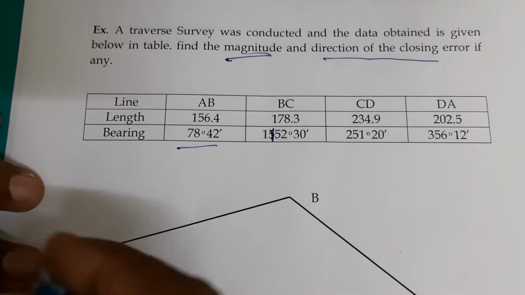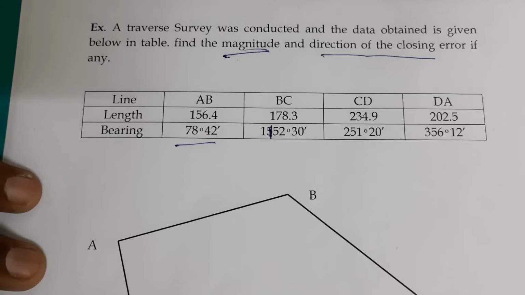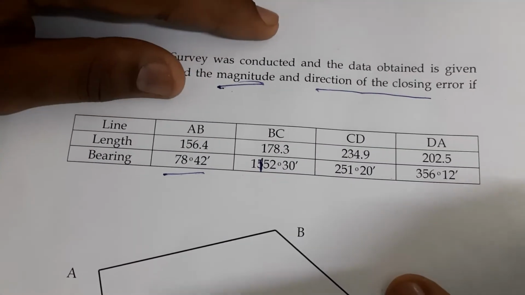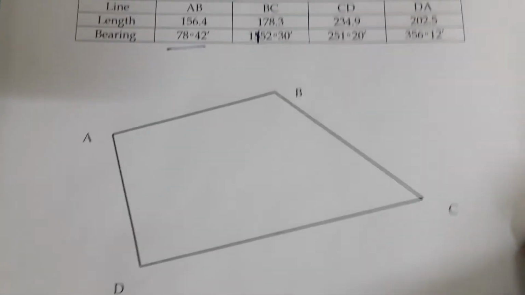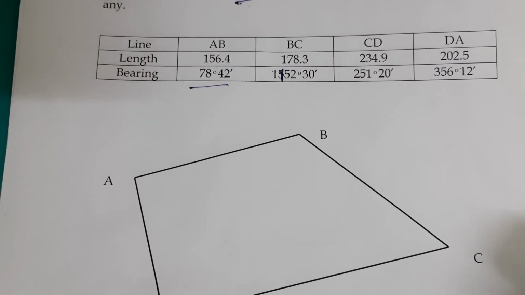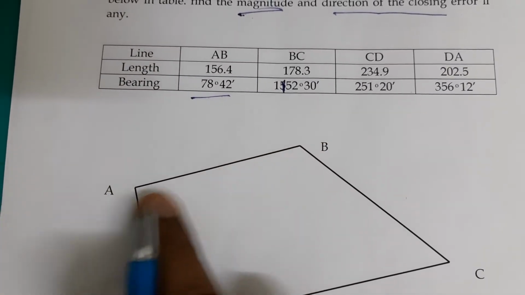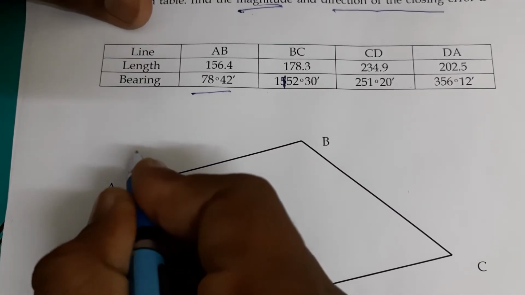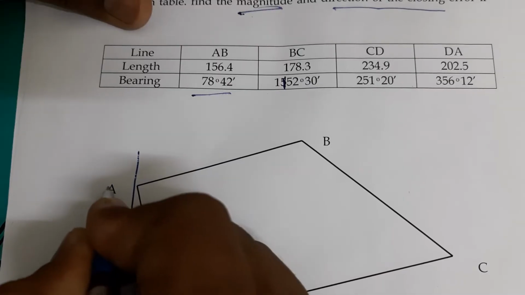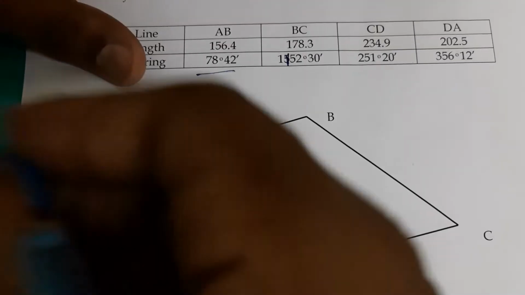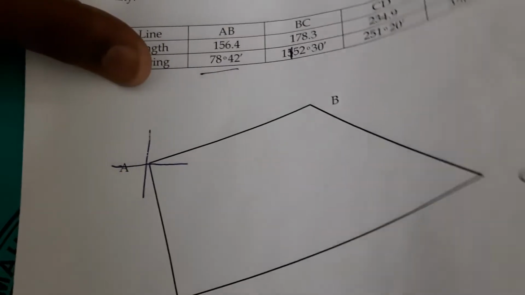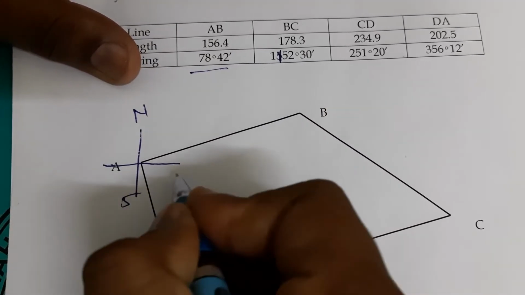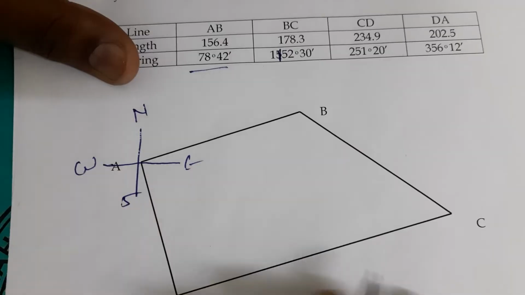As we did in the second semester, in a compass survey first we need to draw a rough sketch. First we draw the bearing and length of AB, and here we need to draw very accurately. That is your north, south, east and west line.